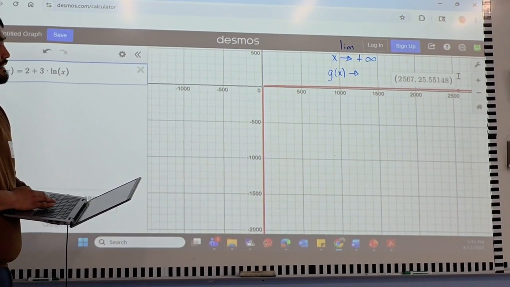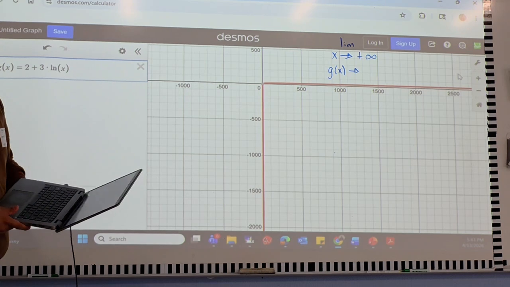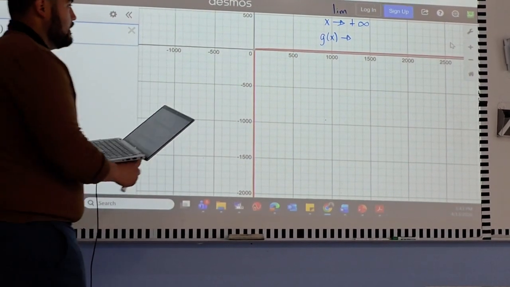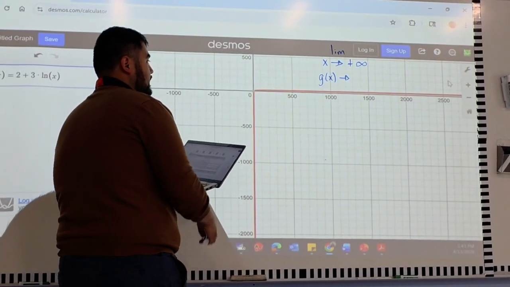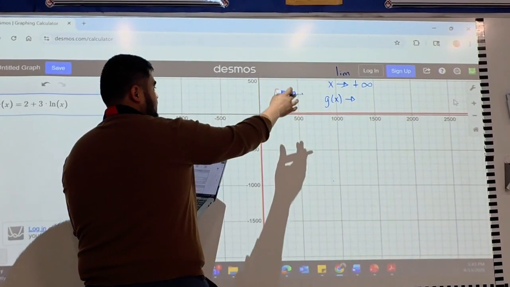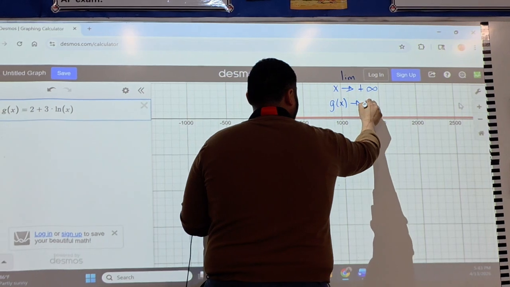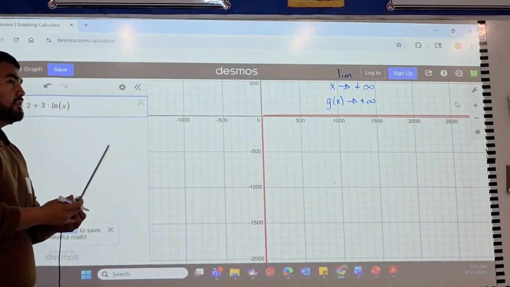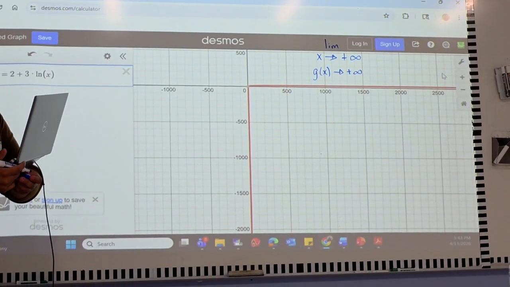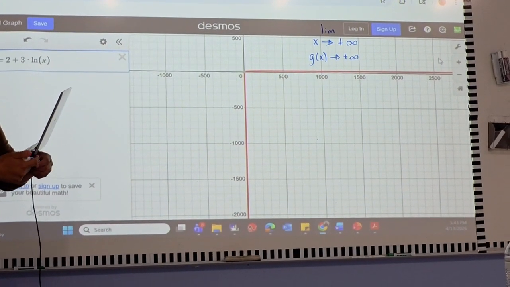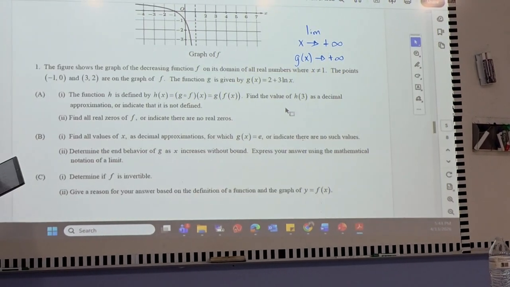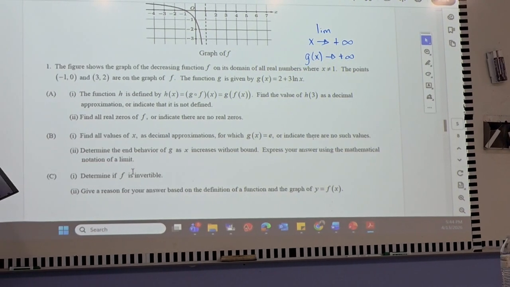What this means is that slowly but surely, as x is approaching positive infinity, the function will continue to go upwards, meaning that g of x will go to positive infinity. Unless the y is constant, that means there's an asymptote. But in our case, it's not constant. So there it is.